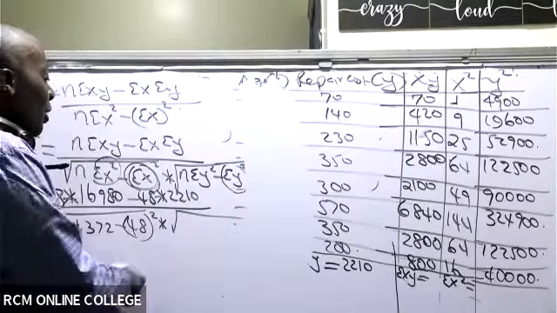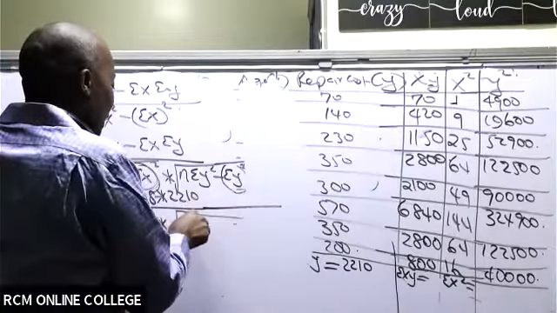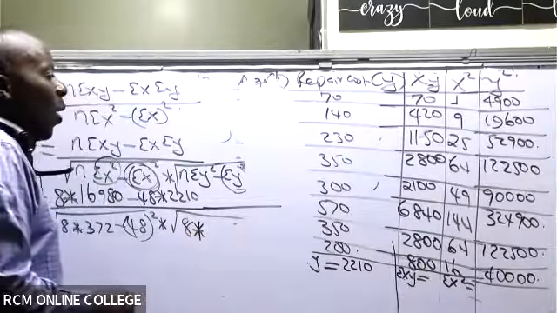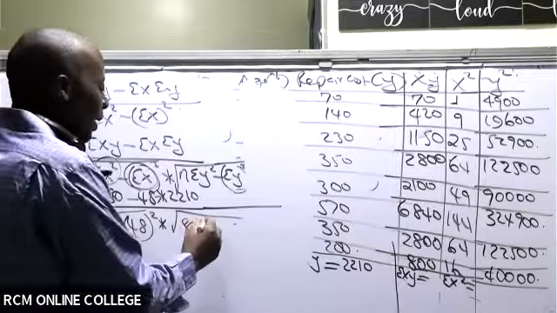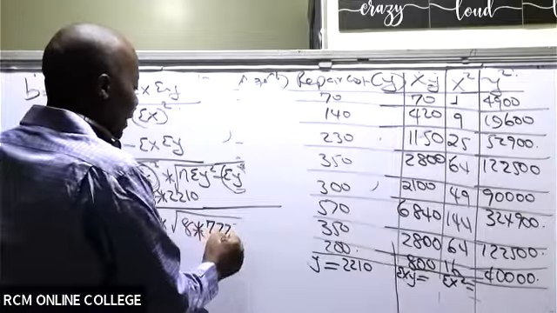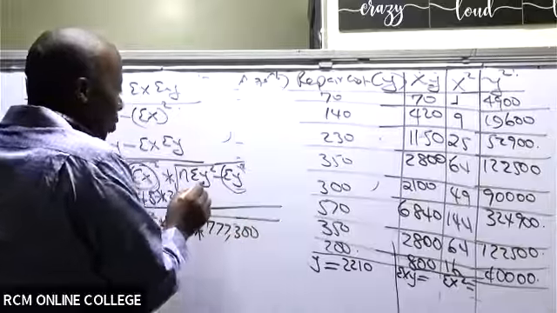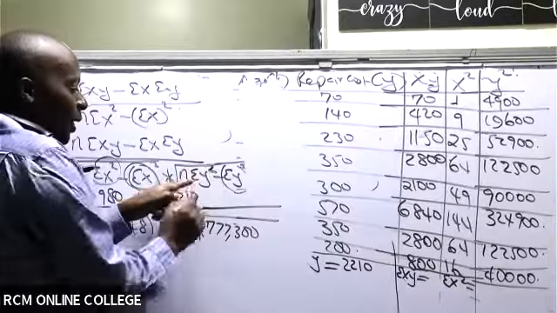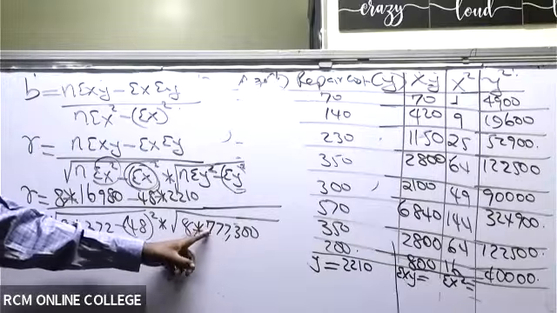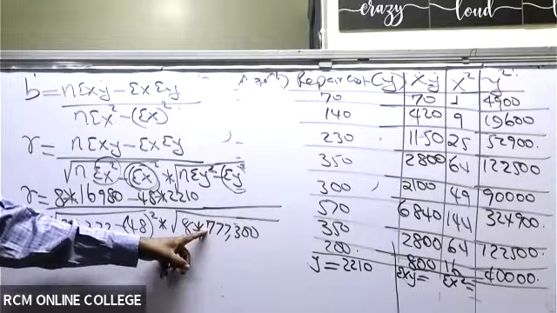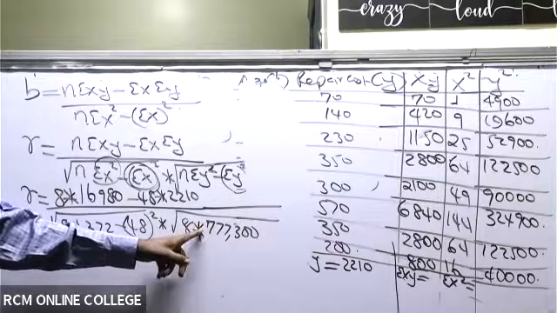We have, ladies and gentlemen, n which is 8, times summation of y squared. Summation of y squared, you gave me a big number. Was it 777,300? Are you able to remember this number, 777,300?